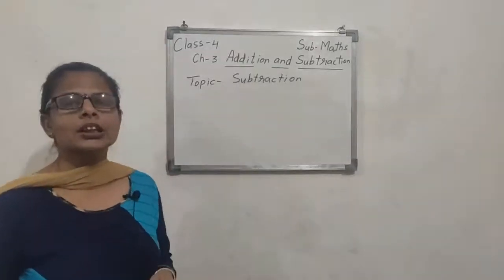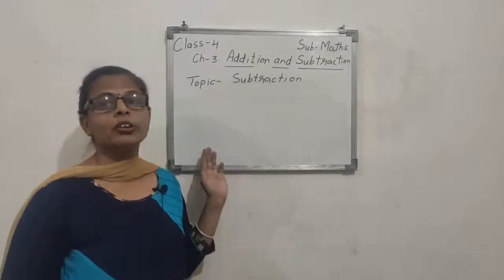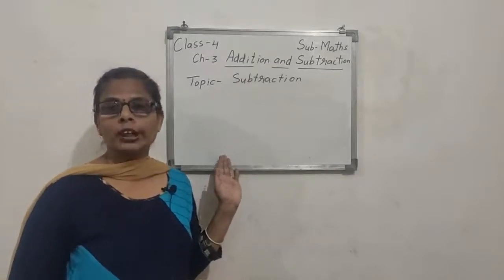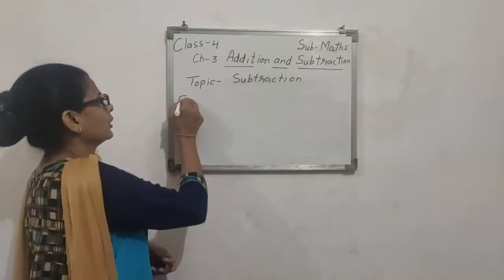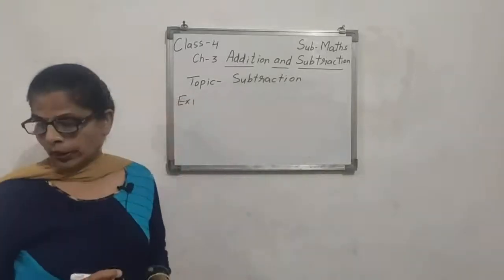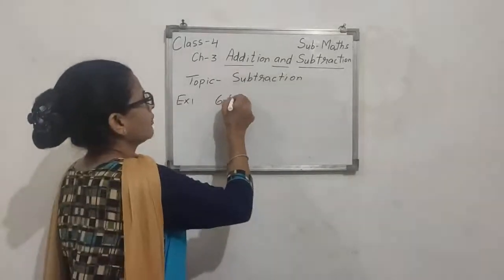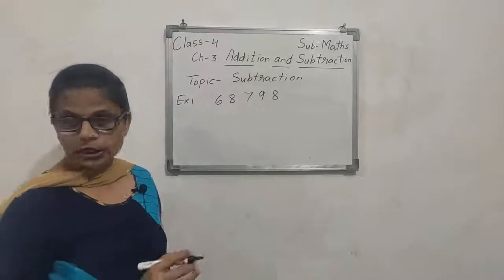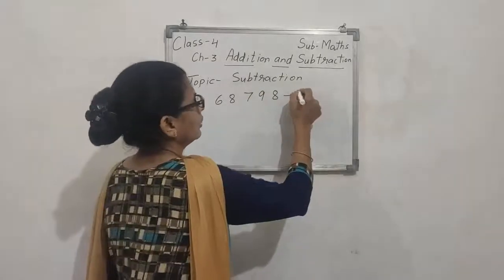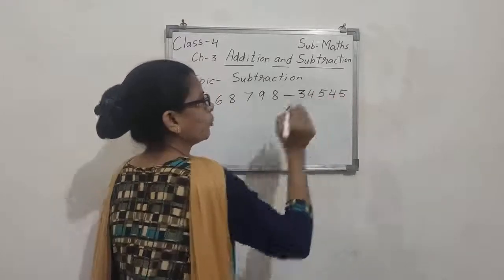In the previous class, you have learned the subtraction of 3 and 4 digit numbers. Now we will learn the subtraction of 5 and 6 digit numbers. So example 1, 68,798 minus 34,545.